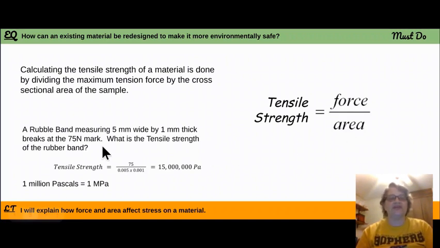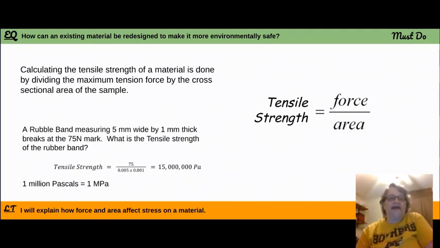Remember, in this case we have a rectangle, so you change your 5 millimeters to 0.005 meters and your 1 millimeter to 0.001 meters. Then you multiply those together. Then you just do the math: you take 75 and divide it by whatever this number comes out to. When you're done, you'll have 15 million pascals.